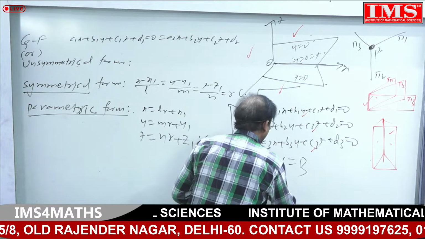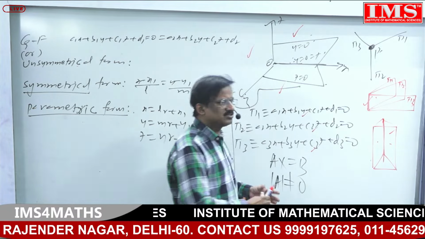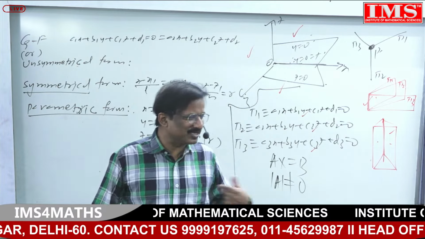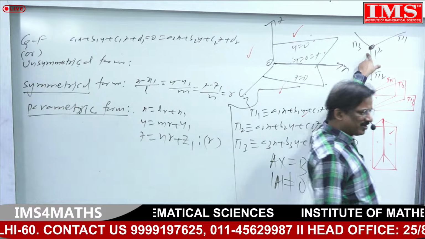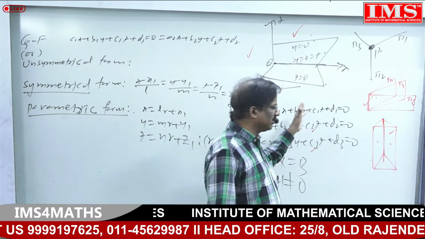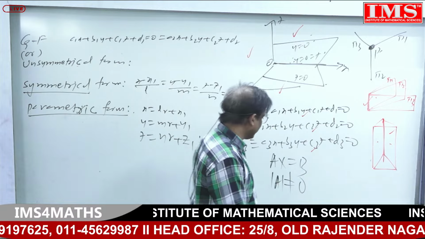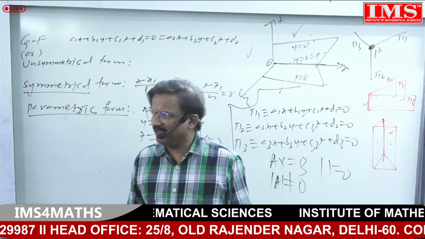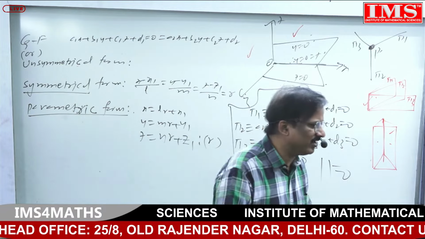If your coefficient matrix determinant is not equal to 0, then you have a unique solution to x, y, z. That unique solution is known as the common point of the 3 planes. If unluckily the determinant comes out to be 0, you will have infinitely many solutions, or else you may not have any solution.